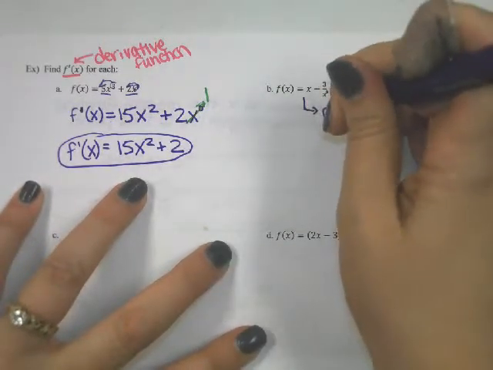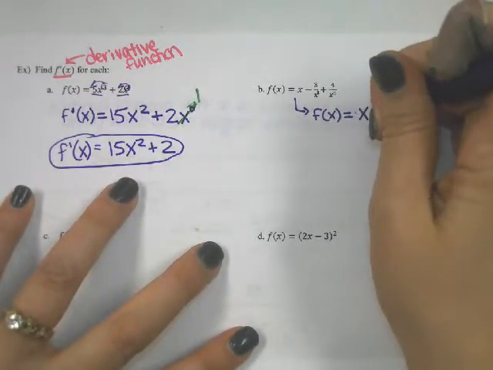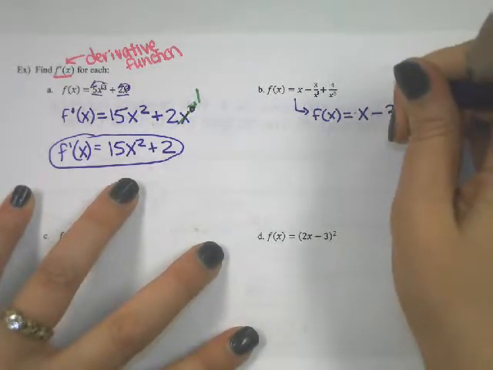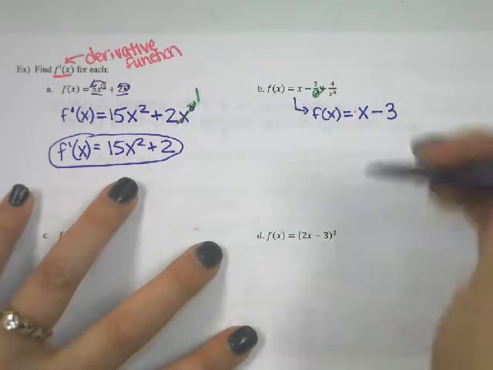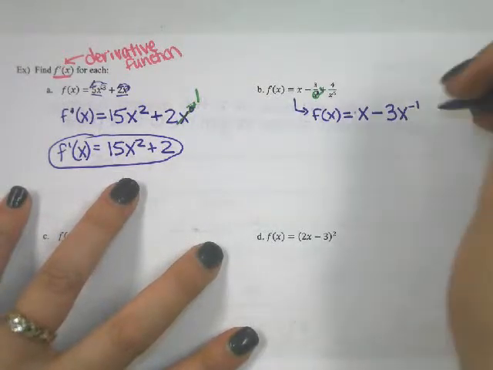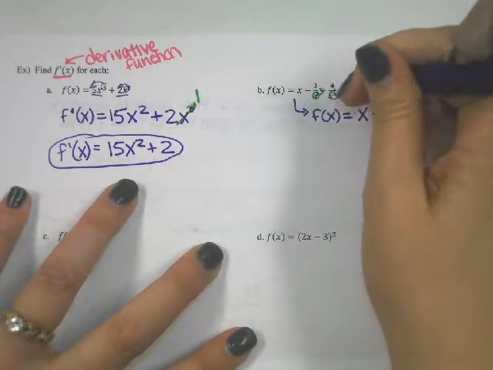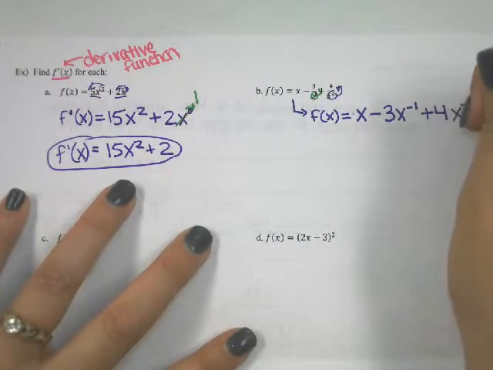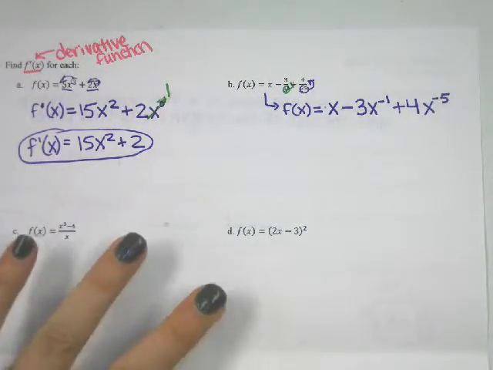So I'm going to rewrite this function, f of x: leave the x alone, x minus 3, but I need to flip this up to the top, and I make the exponent negative to do that. That is an exponent property from Algebra 1. Plus 4, flip that up to the top by making the exponent negative. So now we're here.